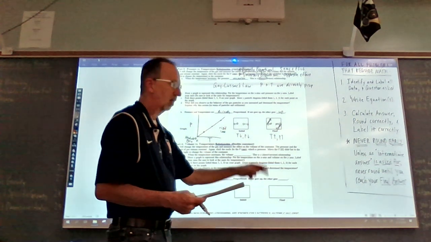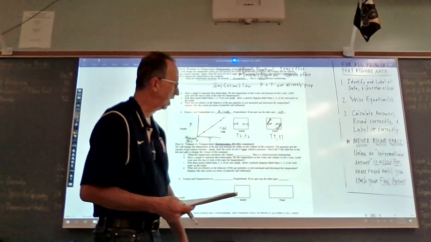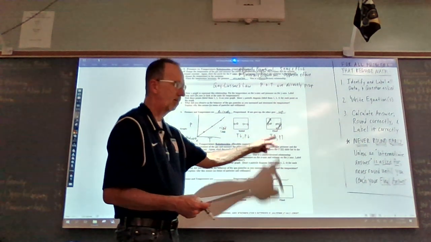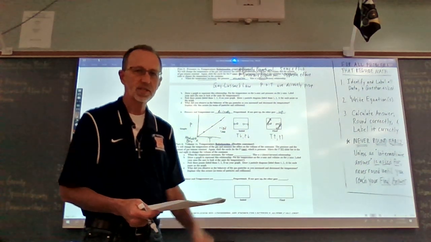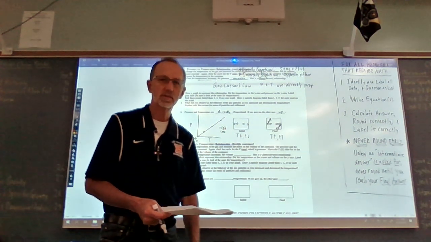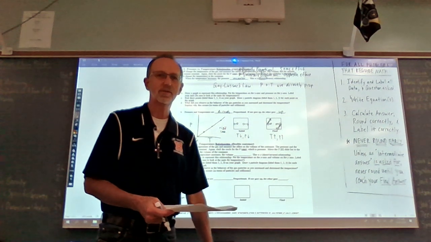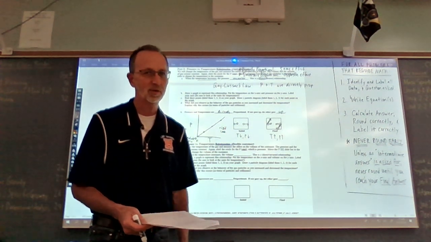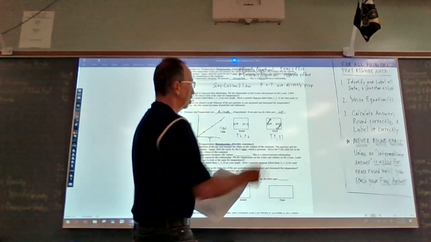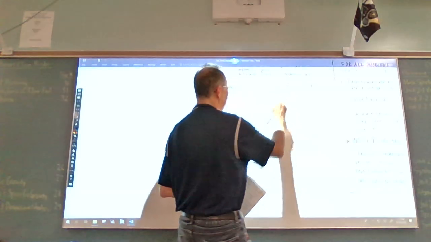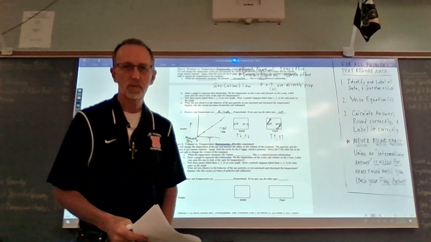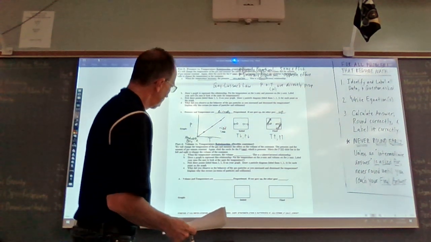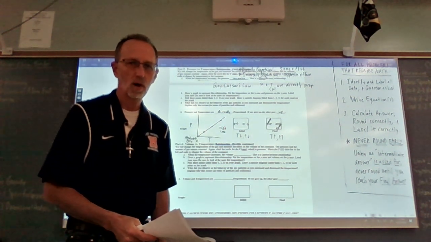Particles the same, volume the same, rigid container, increase the temp, speed goes up, collision rate goes up, pressure goes up. Gay-Lussac's law: pressure and Kelvin temperature are directly proportional. Good deal. One more to go.